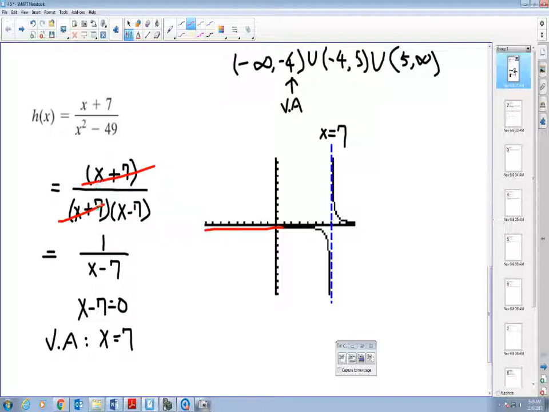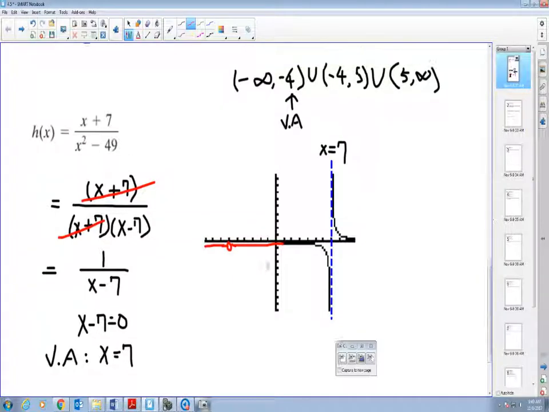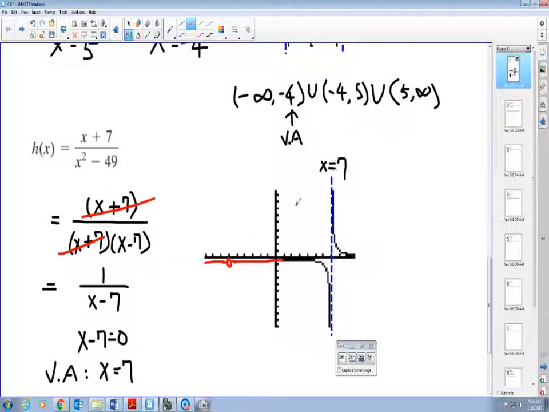Whatever factor I canceled out, set equal to 0, it's actually referring to a hole in my graph. 1, 2, 3, 4, 5, 6, 7. There's actually a tiny little hole right here at negative 7. So that made my graph discontinuous at x equal to -7. Those are my restrictions on the domain: a vertical asymptote and a hole in my graph.